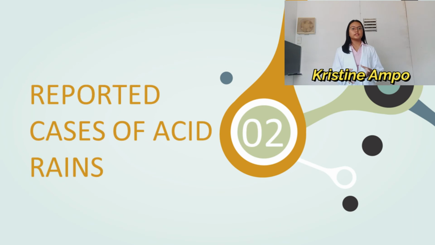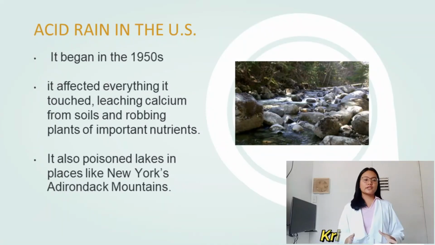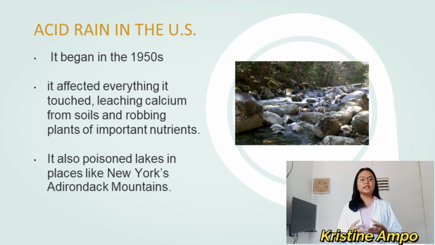Next, we have reported cases of acid rain in some countries. For example, we have the USA. According to reports, it began in the 1950s when Midwest coal plants spewed sulfur dioxide and nitrogen oxide, turning clouds and rainfall acidic. It affected everything it touched, leaching calcium from soils and robbing plants of important nutrients.